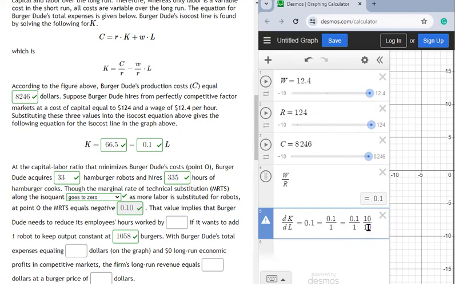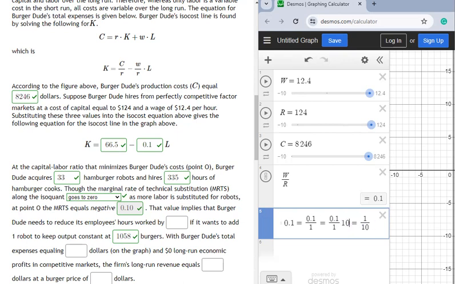Because 10 divided by 10 is 1, and 1 times 0.1 divided by 1 is 0.1, right? Now it's just a matter of doing a little arithmetic. When you multiply two fractions, it's equal to the numerators multiplied by each other and the denominators multiplied by each other. So 0.1 times 10 is 1, and 1 times 10 is 10, right?